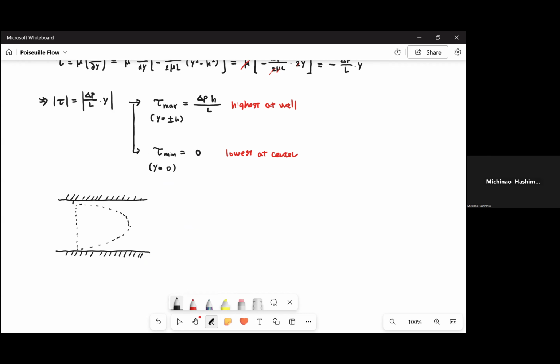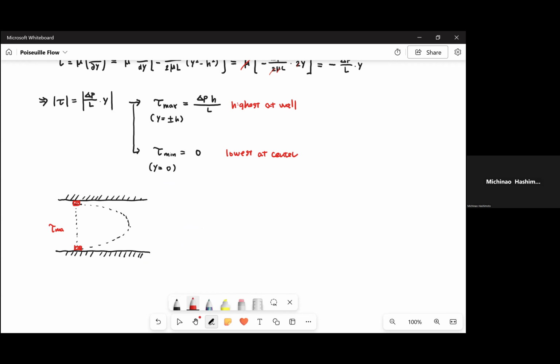So at these 2 points on the wall, this is the gradient of the velocity. It's actually because of the no slip, it suddenly changed the velocity. So this is the tau max.